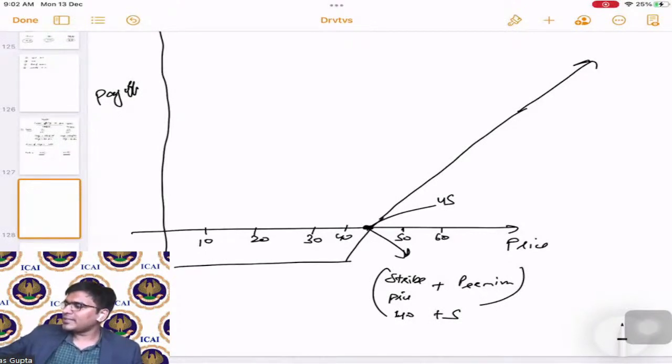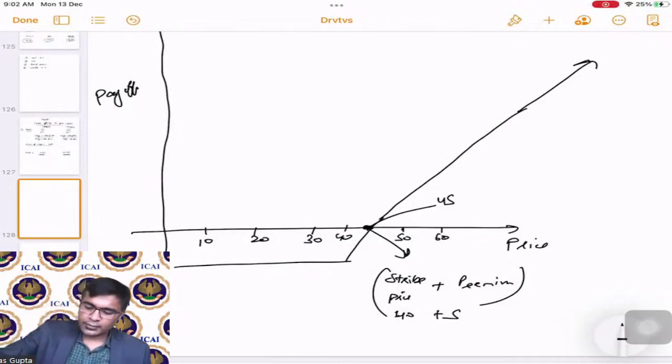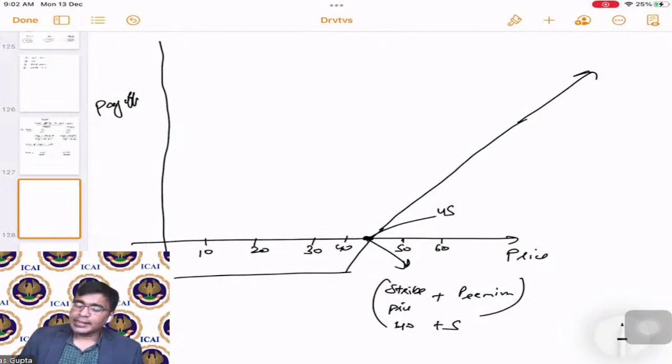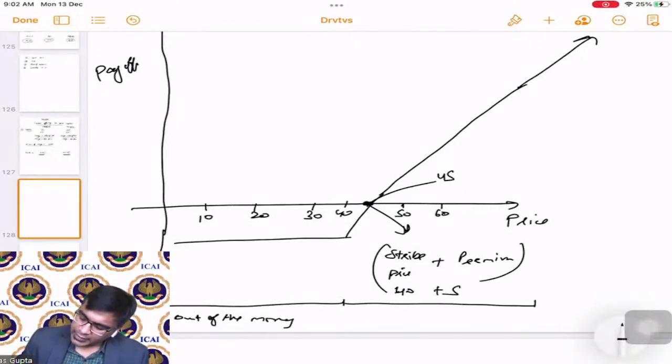Now, if we go by these details, can we say that, let me first also put that till here it is out of the money, and from here it is in the money, correct?